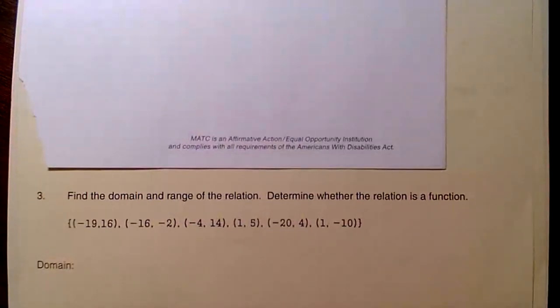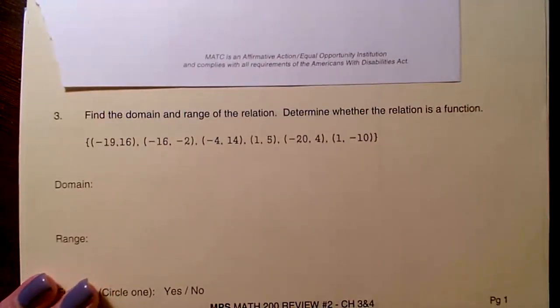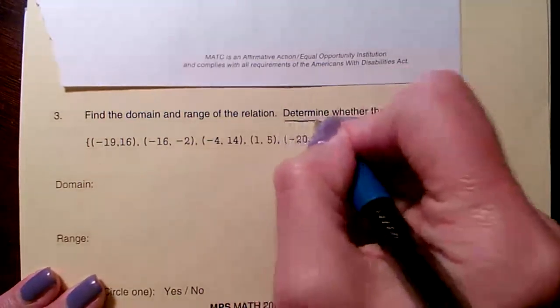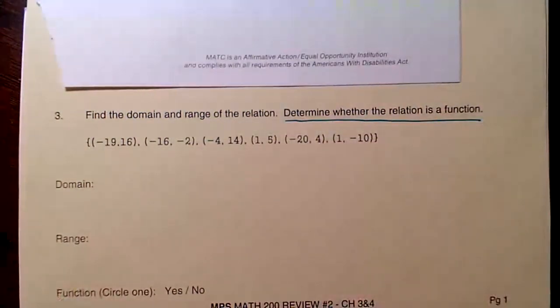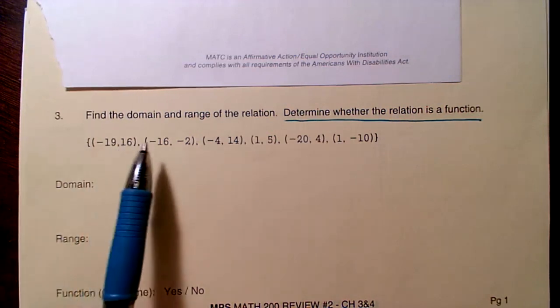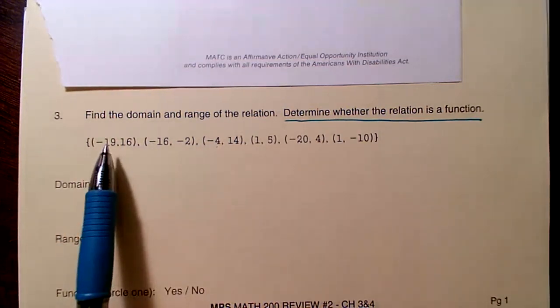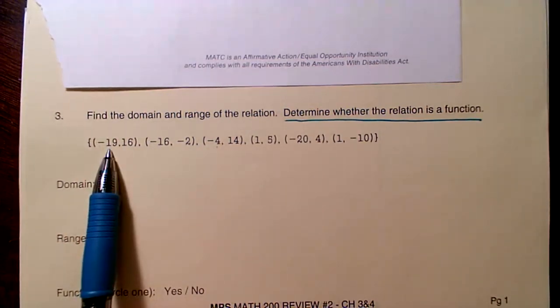All right, now it says find the domain and the range of the relationship. Oh, but first they want us to determine if the relation is a function. Okay? So we recall a function is when from every x value comes only one. So meaning you're only going to see one time the number in the x axis.